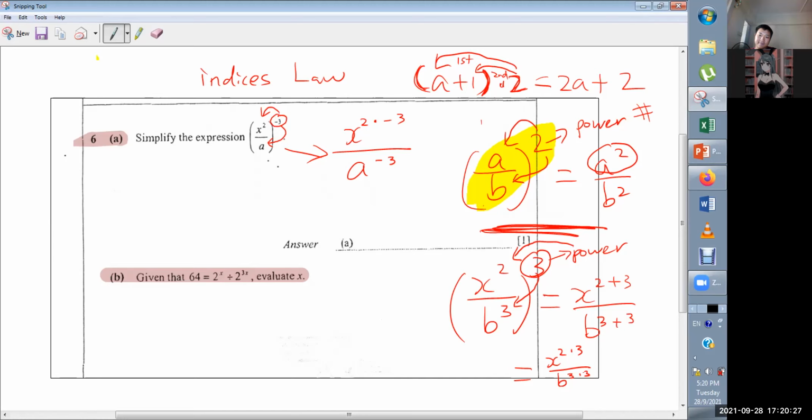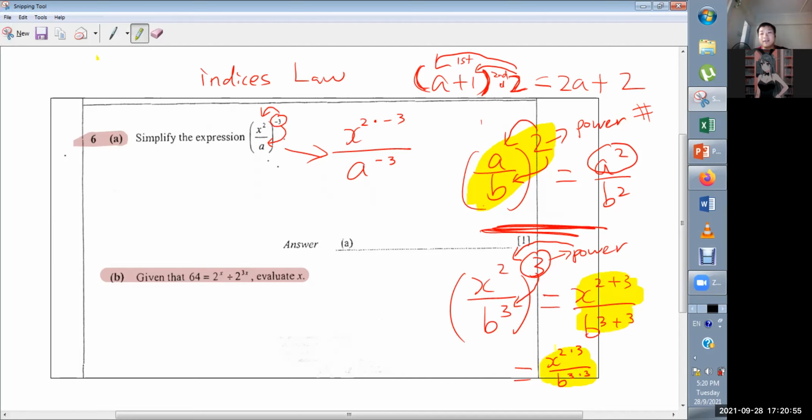I square x first, then the 3. So basically, now there are two options. Which one do you think is the correct one? 2 plus 3 or 2 times 3? 2 times 3? Yes.